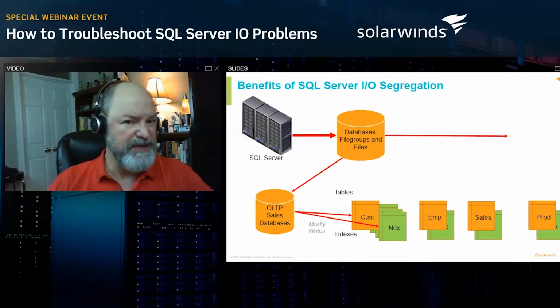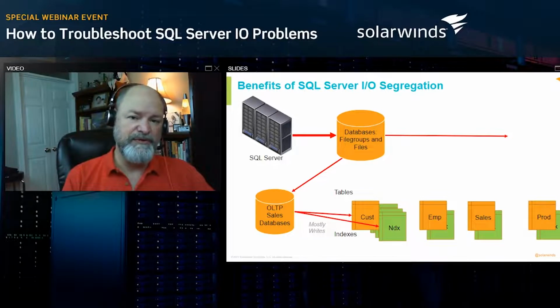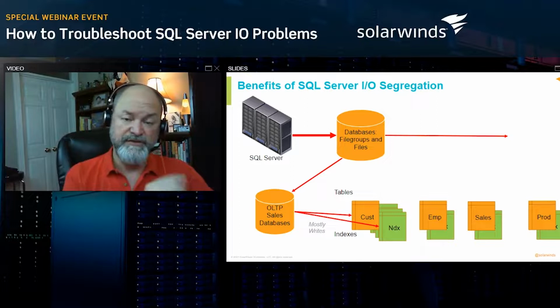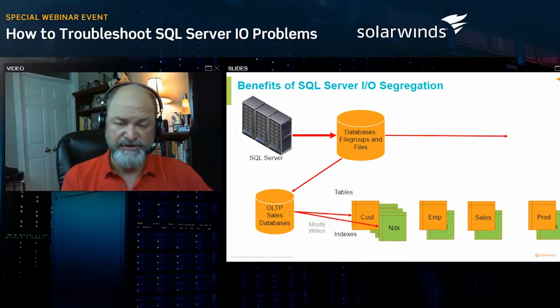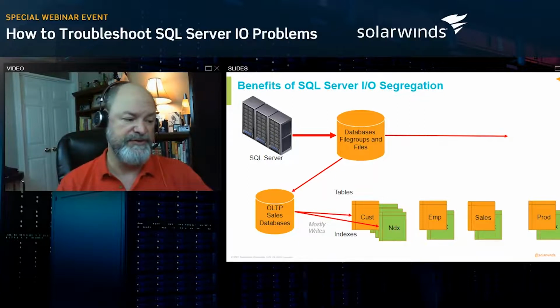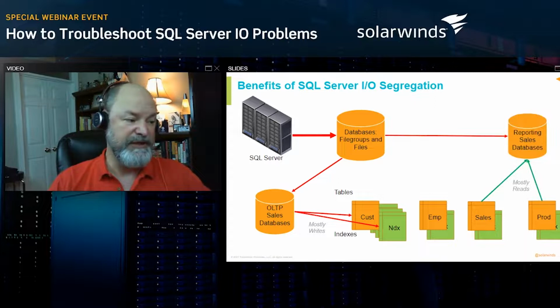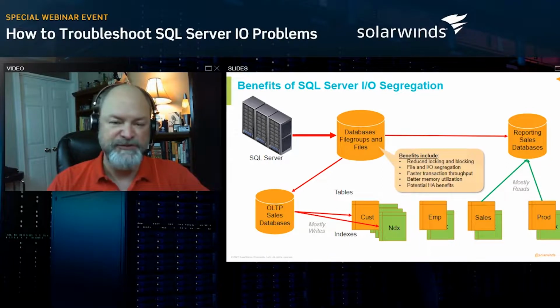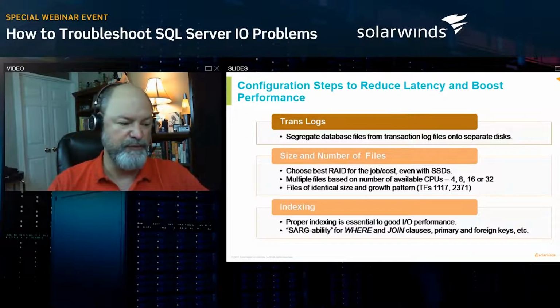You keep it to a minimum because whenever an insert or an update happens, not only does the clustered index get altered, but every non-clustered index on that table also has to be dealt with in that way. While when you're in the reporting database, you are encouraged to add as many indexes as you want. And the reason for that is because those indexes speed things up for all of your different read operations.